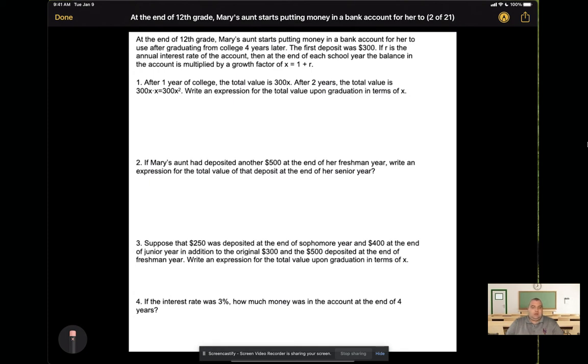After 1 year of college, the total value is 300x. After 2 years, the total value is 300x squared. Write an expression for the total value upon graduation in terms of x.